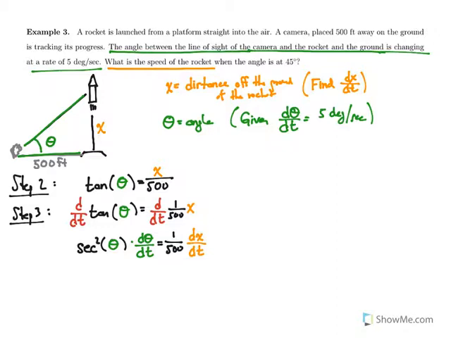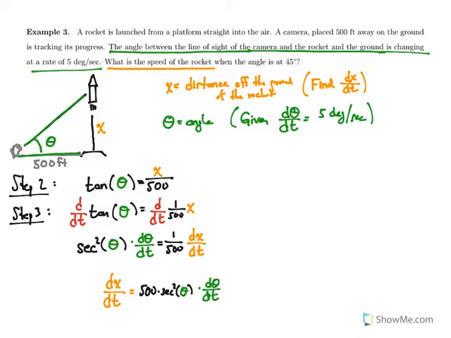We're looking for dx dt, so I'm going to just solve for this right now. Usually we've been plugging it in before we solve, but we can do it the other way around. This is going to be 500 secant squared of theta times d theta dt.